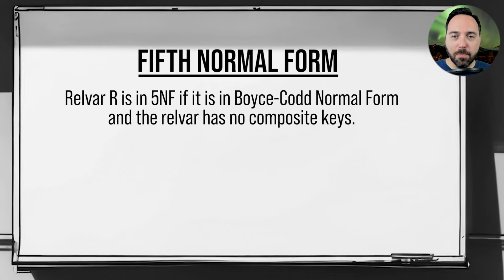One using join dependencies and the other using functional dependencies. What this also means is, if your relvar is in Boyce-Codd Normal Form, and your relvar's candidate keys are all single column keys, then the relvar will automatically be in fifth normal form, no questions asked. This automatically covers a pretty large number of scenarios.